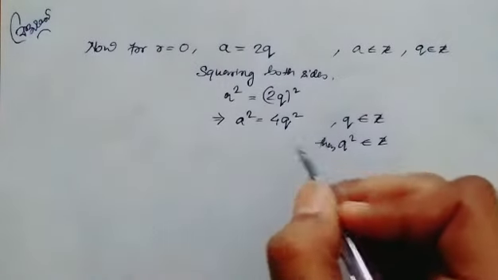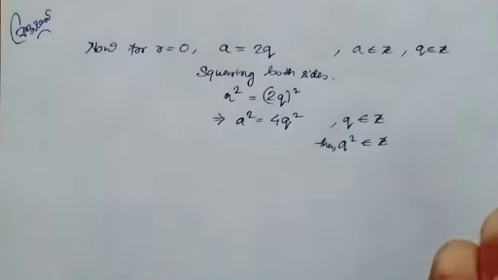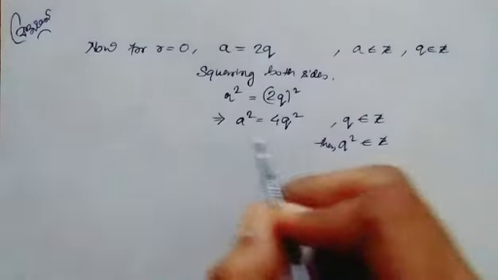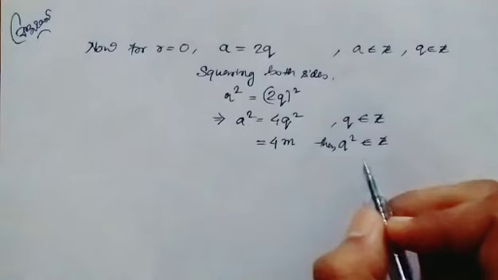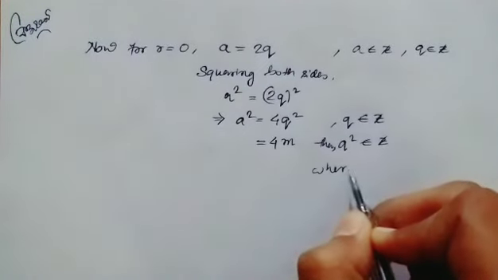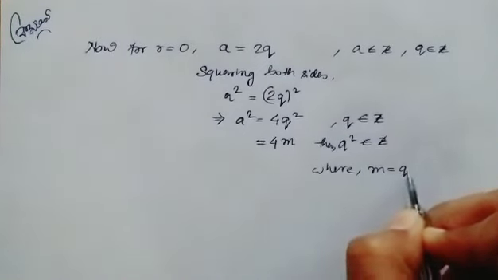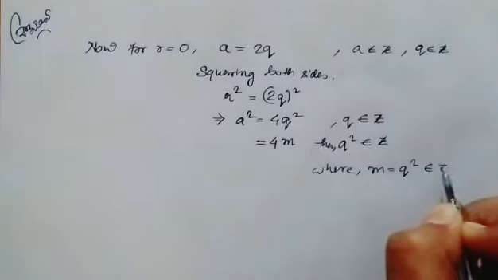So we can replace q square by any other integer, say m, where m is equal to q square, which belongs to integers.